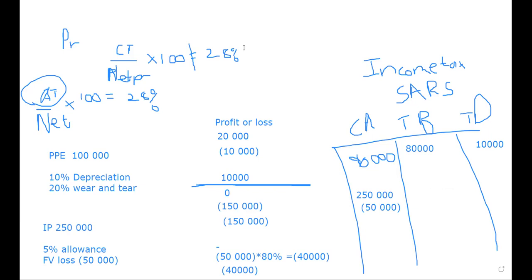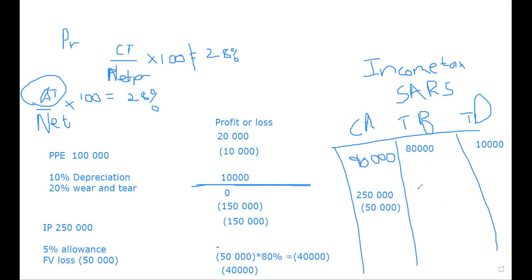And then on the tax side, you're going to check the tax base of this asset. The tax base of this asset is 250,000.